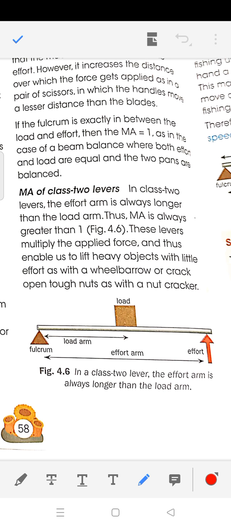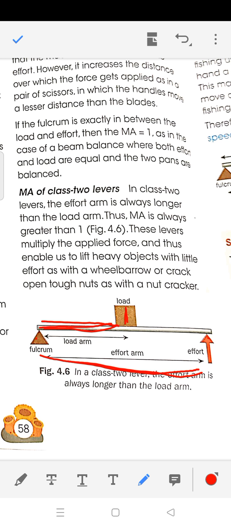Now let's come to class 2 lever. We know that class 2 lever means the load is in between fulcrum and effort. Okay. So this much is the load arm and this much is the effort arm. So this is clear that the effort arm will always be greater than the load arm.